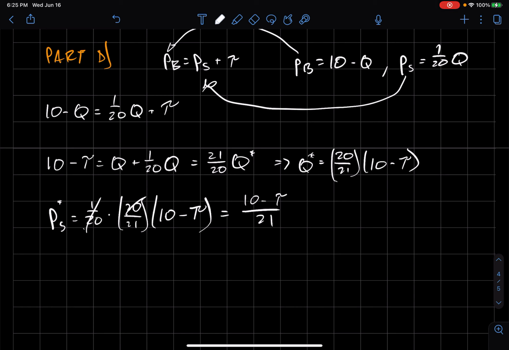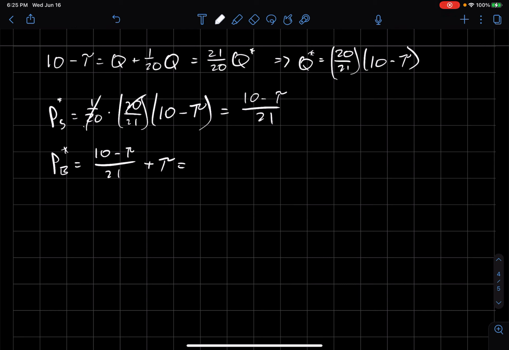So here we can just take our relationship between prices and find that PB star is equal to 10 minus tau over 21 plus tau.